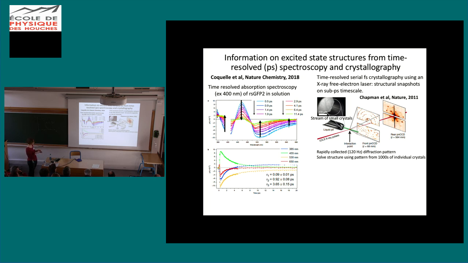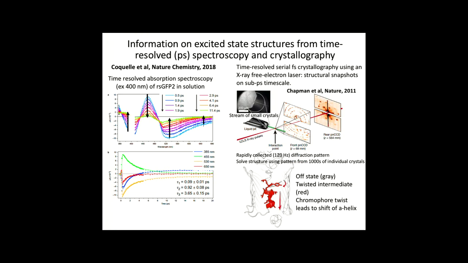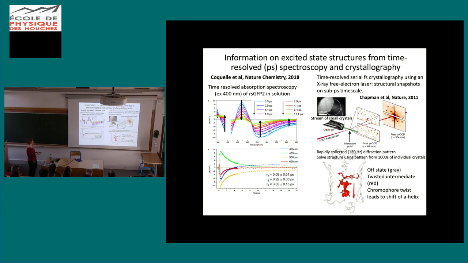So in this paper, coupled with this transient absorption or time-resolved absorption, they use this technique, and basically I'm skipping the whole paper and 30 supplemental figures to show you what they discovered, which is that they found a twisted intermediate.